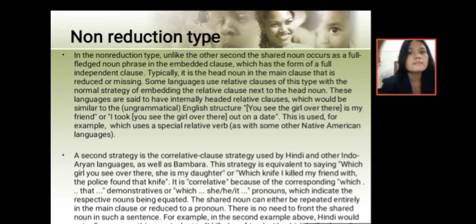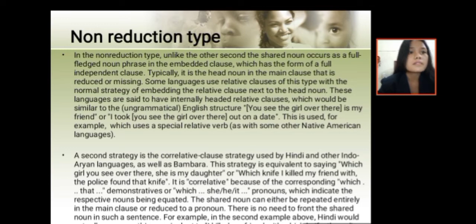Some languages relativize of this type with the normal strategy of embedding the relative clause next to the head noun. These languages are said to have internally headed relative clauses.